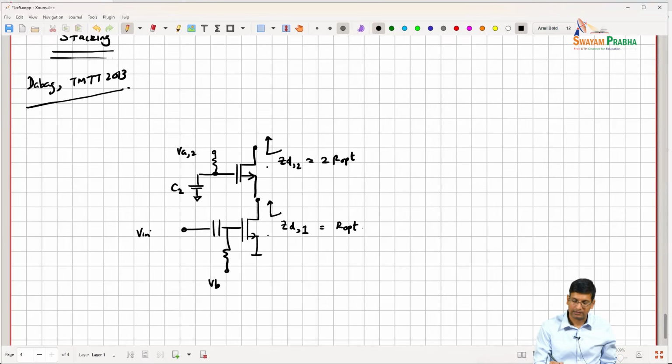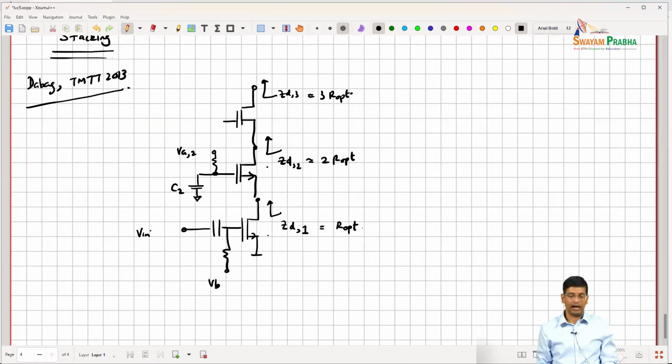And similarly, I can stack one more. Let's just stack one more over here, right? And now ZD3 that I need to see is 3R opt.